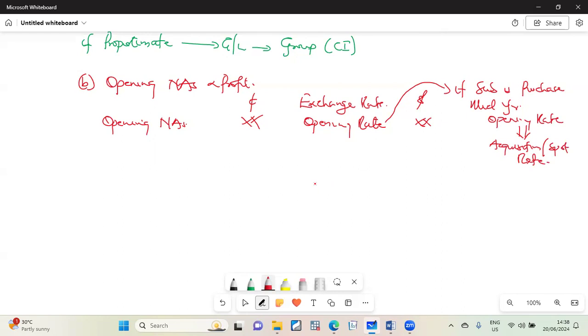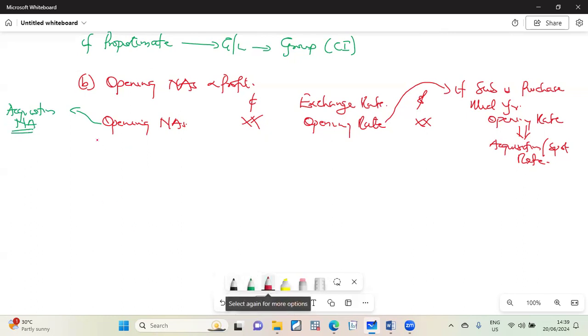But somebody will ask, what is the opening net asset? Like I said, if these things are bought mid-year, this one is the same as the net asset at acquisition. So that is what we are referring to.